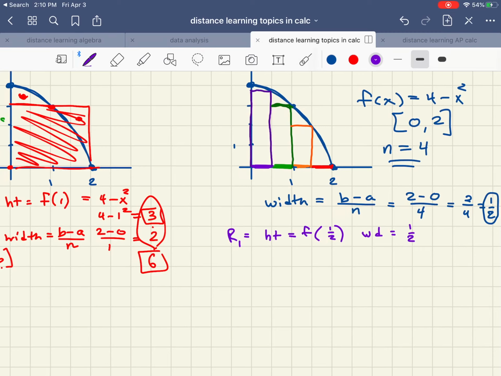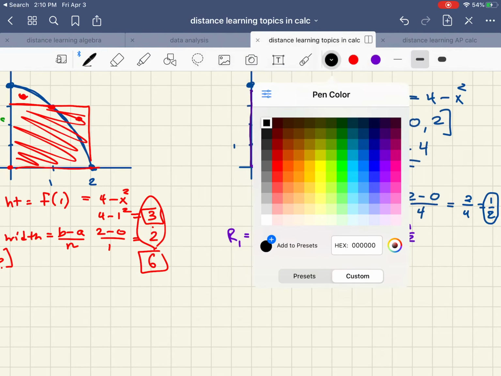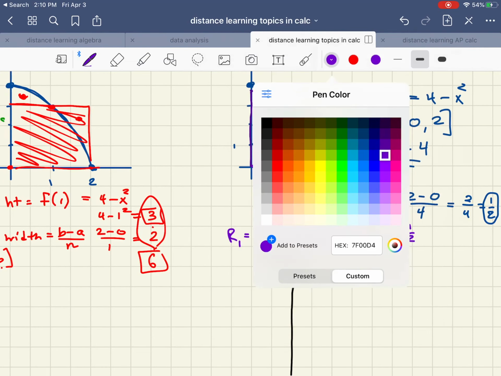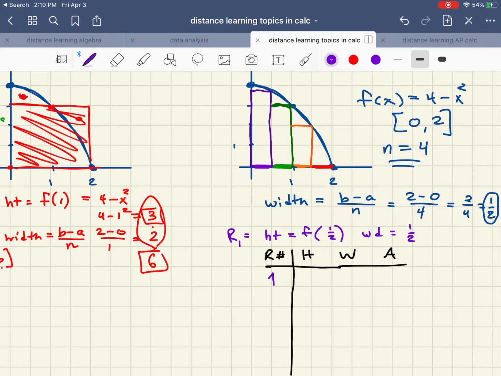The width of every single one of these is 1/2. Okay, so I'm going to actually make a little chart for all of these. So rectangle number, height, width, area, and hopefully we're going to use this and get a more accurate answer.